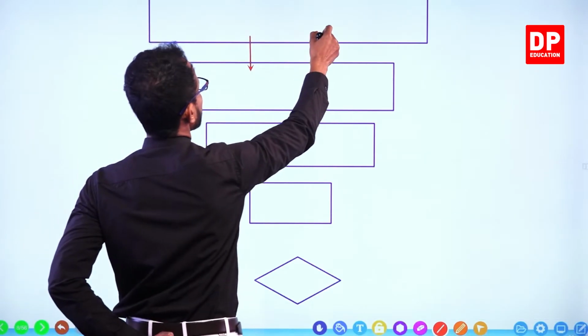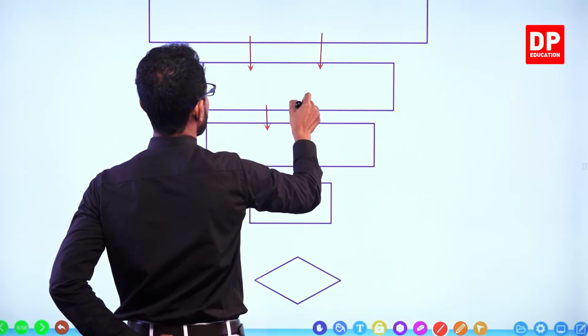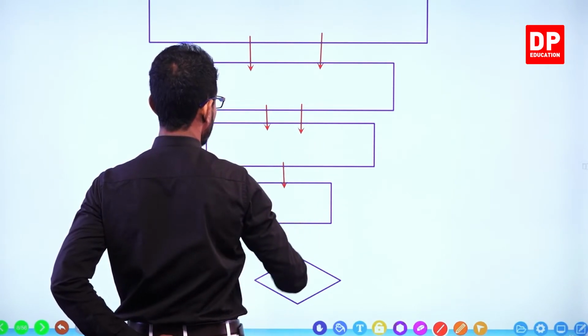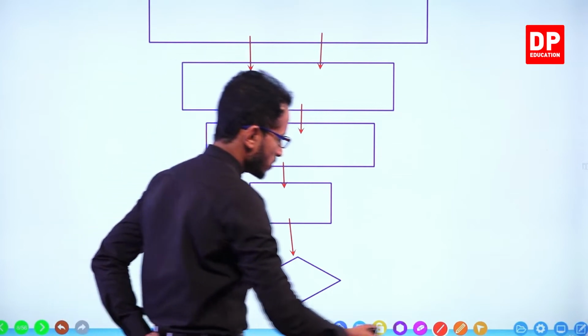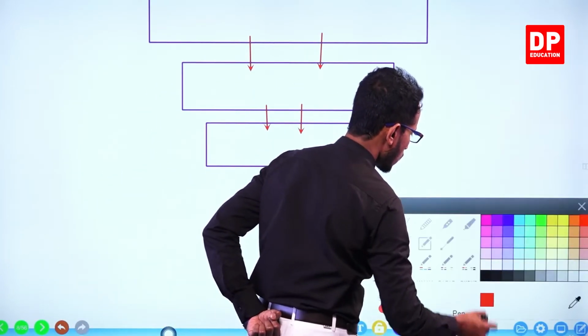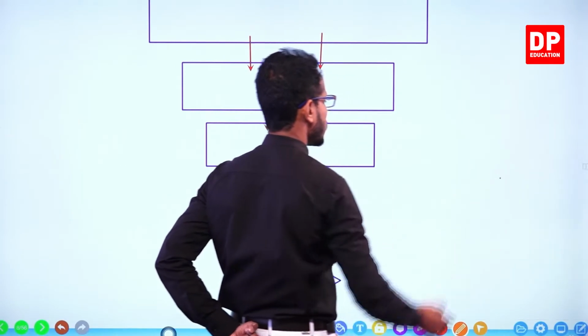From the first step to the second, from the second step to the third, from the third step to the fourth, from the fourth step to the fifth. We took 5 steps. What was the first step? Tell me. What was the first level?